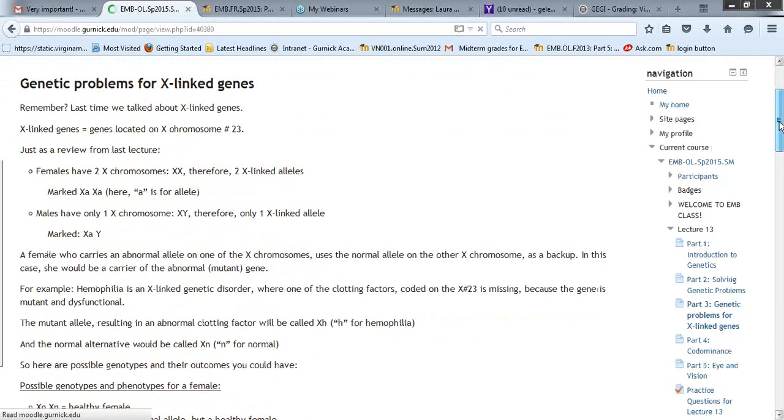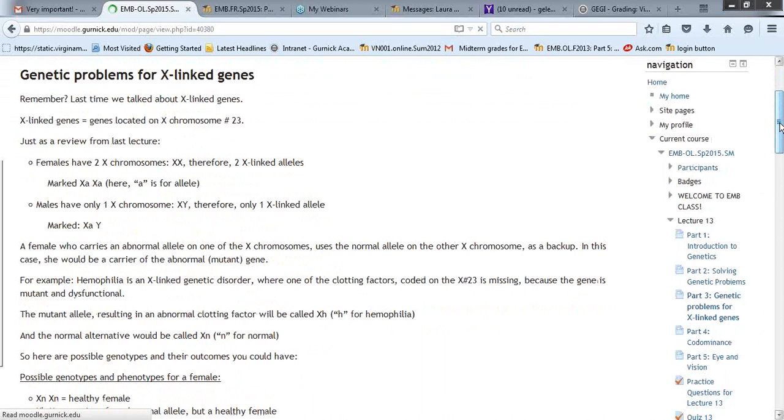All right. So last lecture, we talked about the X-linked genes. Remember, the chromosomes numbers 1 through 22 are called autosomes. The chromosomal pair number 23 are called the sex chromosomes.